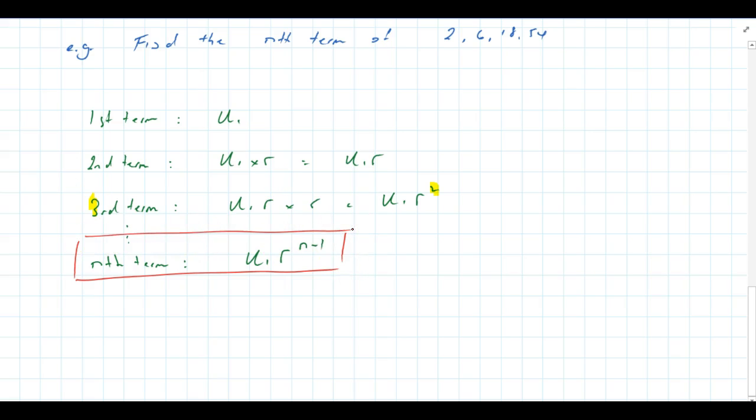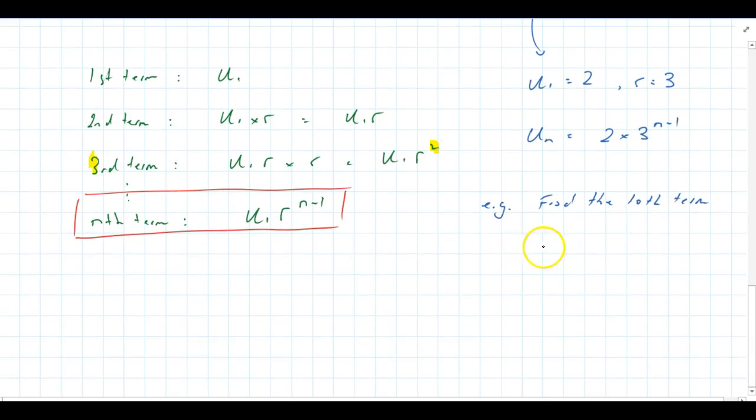And that's our nth term of a geometric formula. So going to our question up here, where u1 is equal to 2 and our common ratio is equal to 3, then we can say our nth term is equal to 2 times 3 to the n minus 1. So if we want to find the 10th term, this is going to be a job for the calculator. u10 is equal to 2 times 3 to the power of 9.